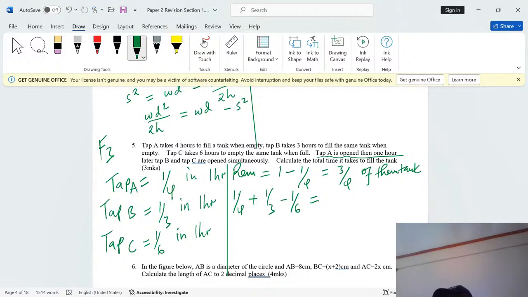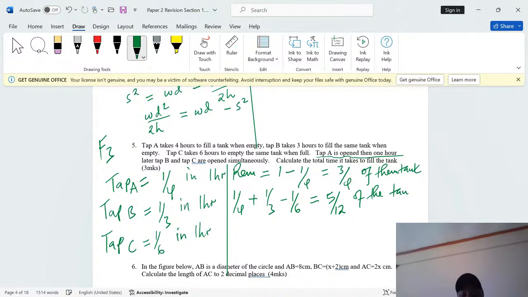When you compute that, we get 5 out of 12 of the tank. When the 3 are working, per hour they fill 5 out of 12 of the tank.